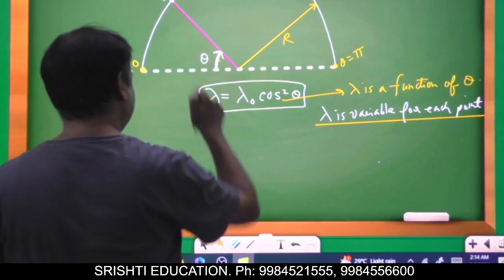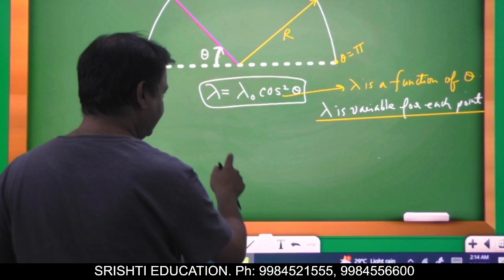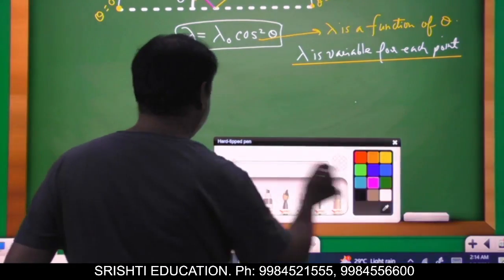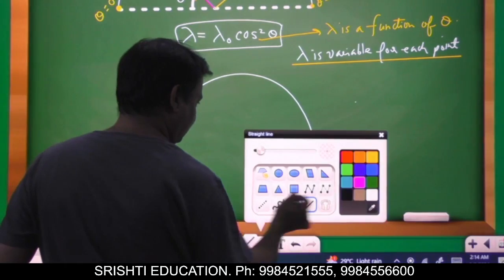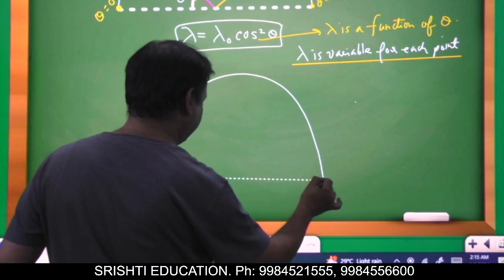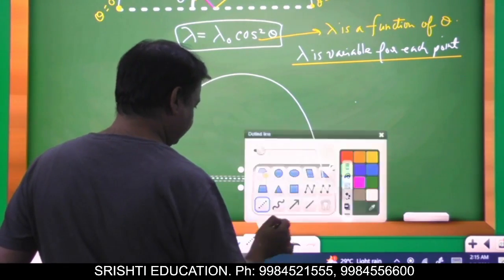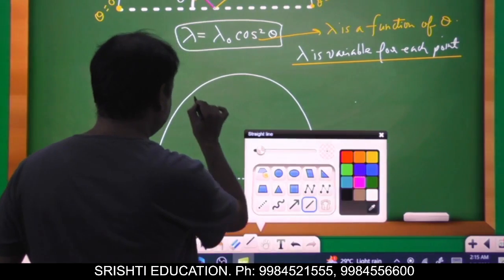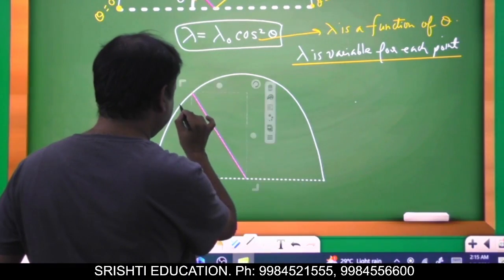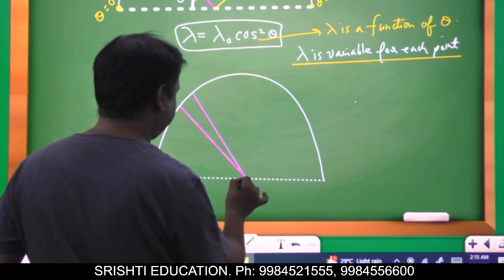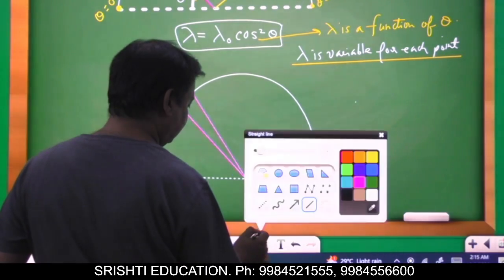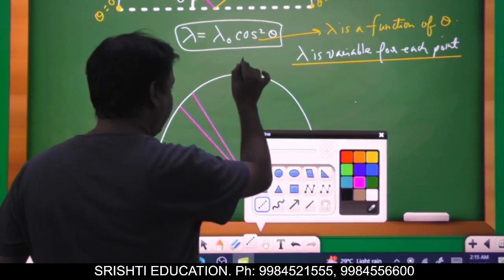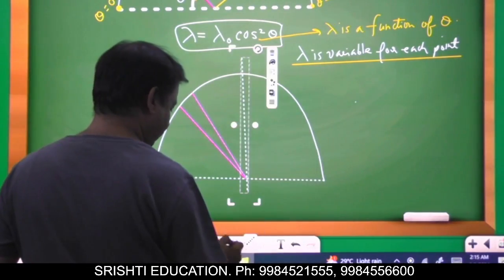So we will take an element on the ring using the skills we have seen in lecture number 1. So I am taking an infinitesimal element. You remember how to take the infinitesimal element? We'll take something like this, an element of some angular position and some angular width.